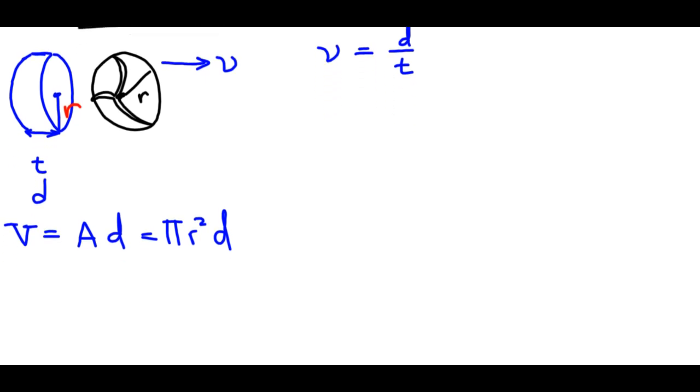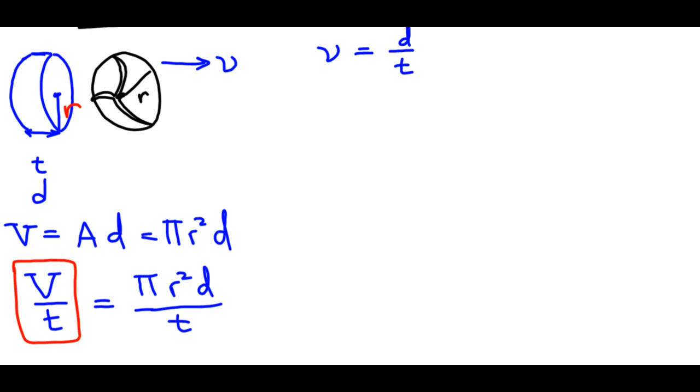But we should really specify that this is the volume in time t. Right? So if we wanted to know in general how many cubic meters pass through per second, we would take the volume and we would divide it by t, and it would equal this. Right? And the trick, which you probably can already see, d over t is the velocity. That's what this equation says.